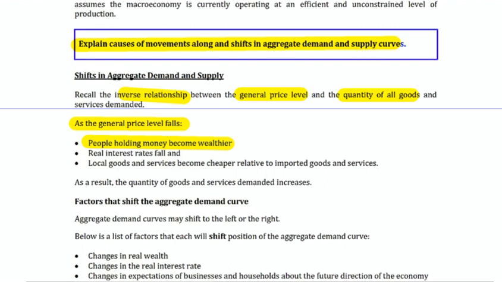As price levels fall, real interest rates fall, and local goods and services become cheaper relative to foreign goods and services. Can you see we're dealing with all of the various components of what we've dealt with up until now? Savings, interest rates, exports, imports, etc. As a result, the quantity of goods and services that people require goes up as well.